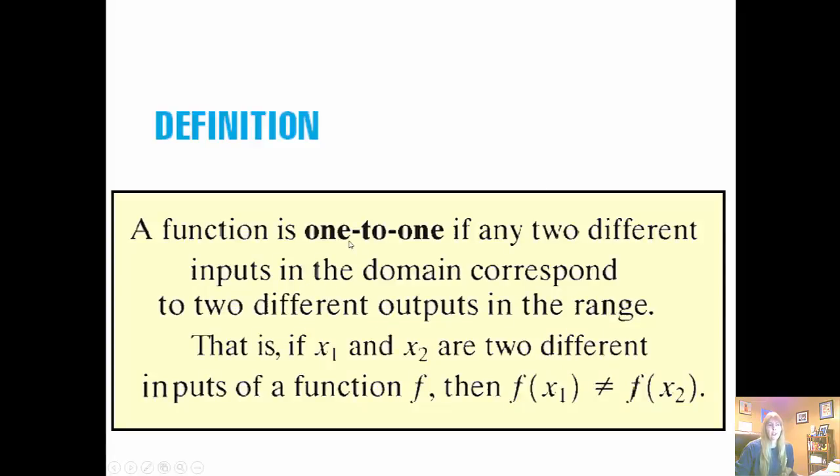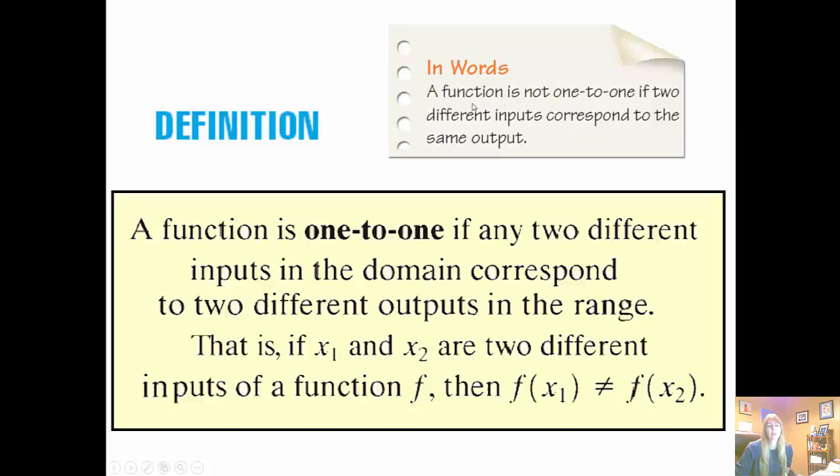A function is one-to-one if any two different inputs in the domain, any two different x values, correspond to two different outputs in the range. So you put in two different x's, you get two different y's. That's all that really means. A function is not one-to-one if different inputs correspond to the same output.